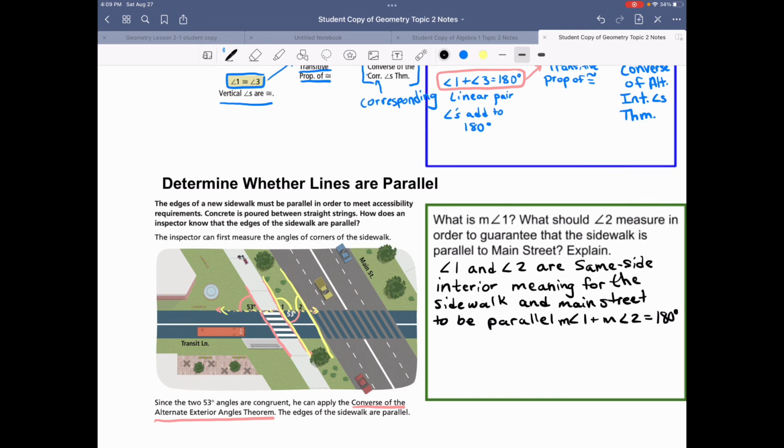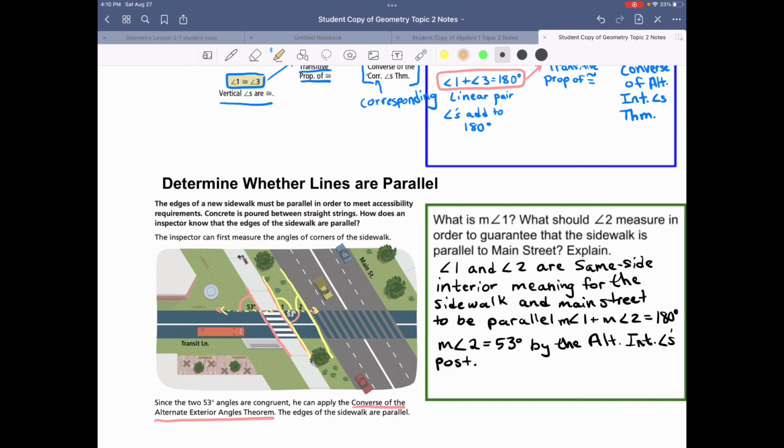Well, if we use that 53 degrees that we have in the white, then angle 2 would also have to equal 53 degrees, right? Because those would have to be, all right, the measure of angle 2 is equal to 53 degrees by the alternate interior angles postulate.